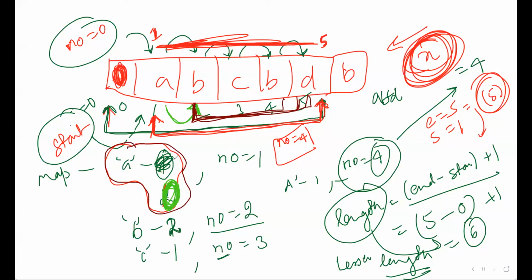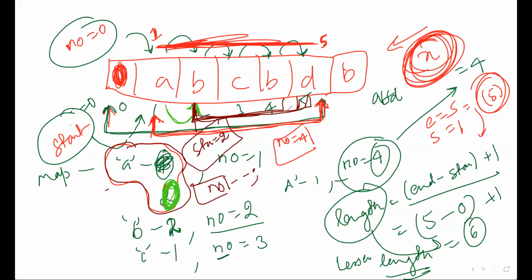It means you are losing one character while moving your start pointer. So when you lose one character, you have to update the number of distinct characters also. So you'll do no minus minus.